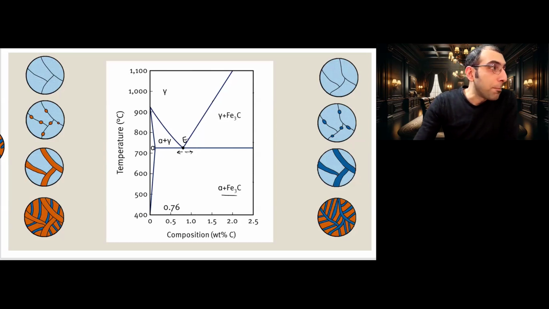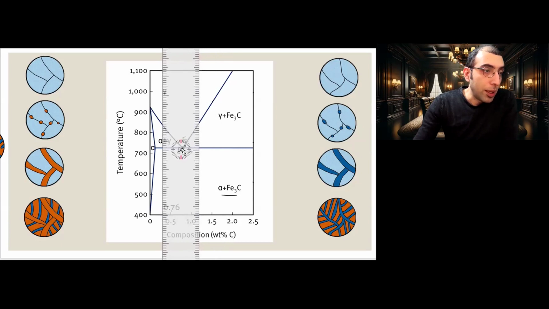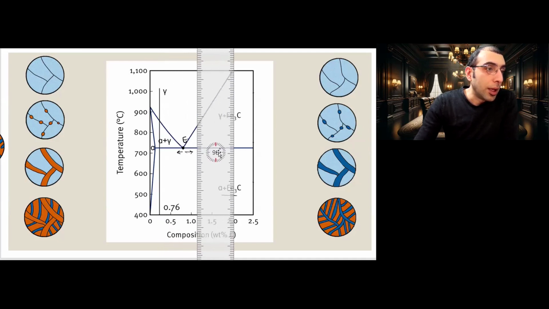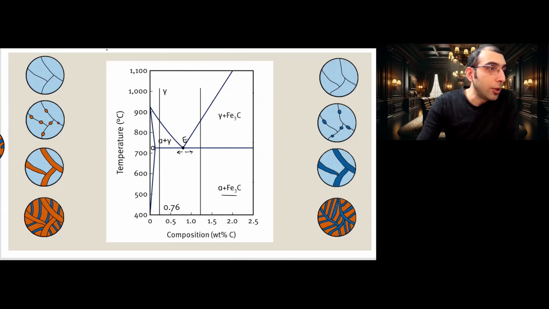So let's bring our ruler, and I'll make a straight line here. And also bring it over here for another alloy, and let's see what we get.